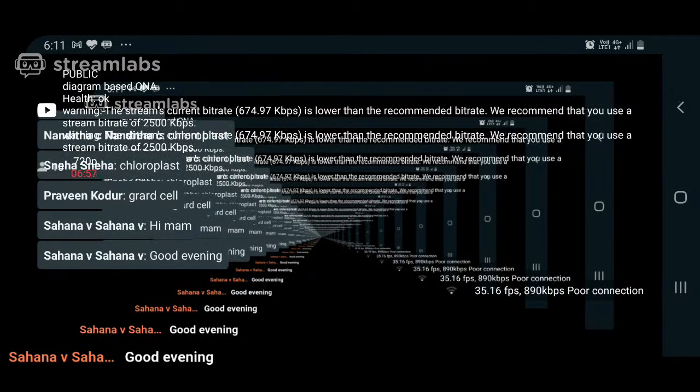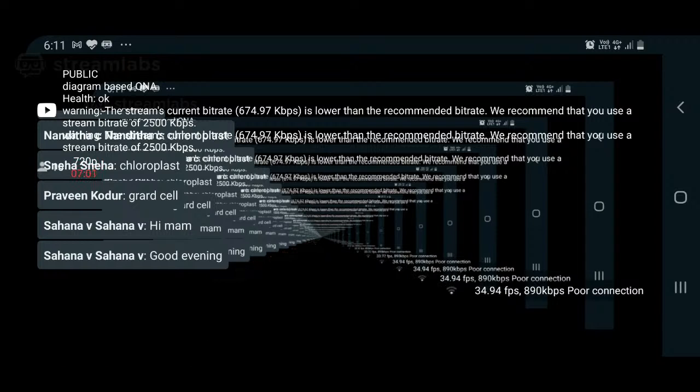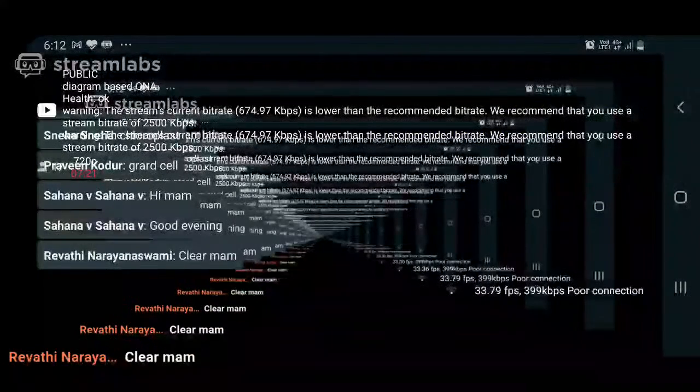Is that clear? Large cells are subsidiary cells, and the green dots are the chloroplasts. The center is called the stomatal pore.